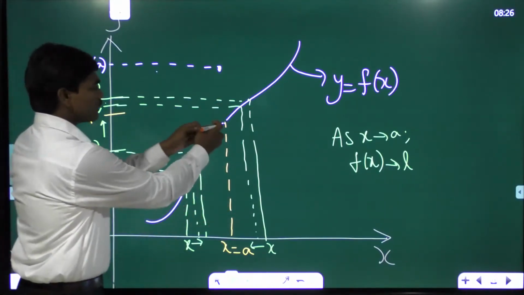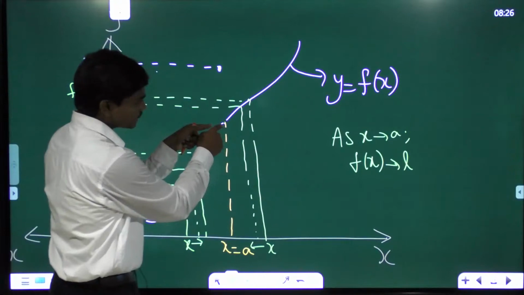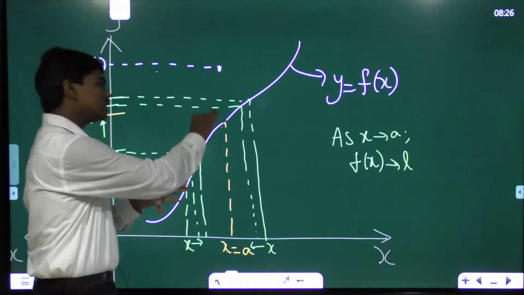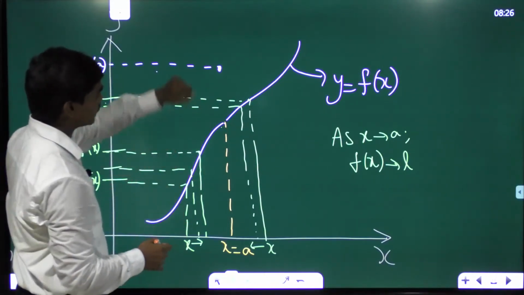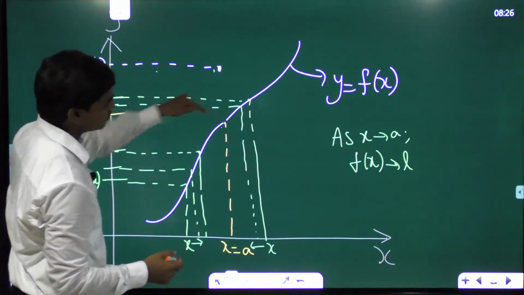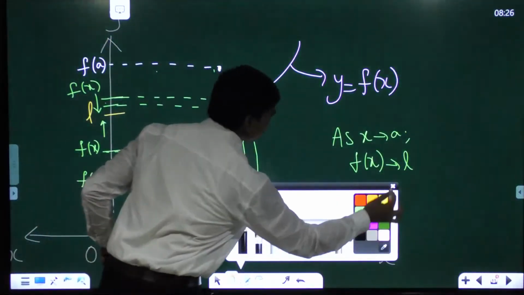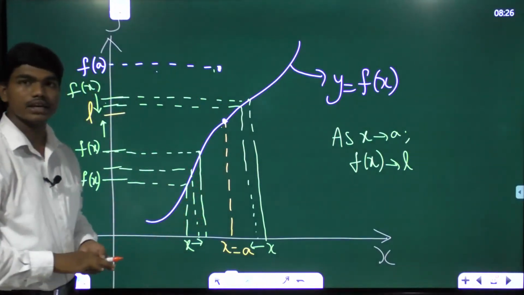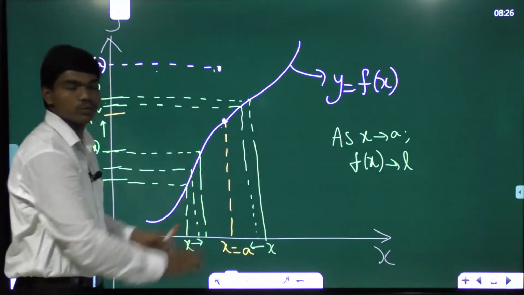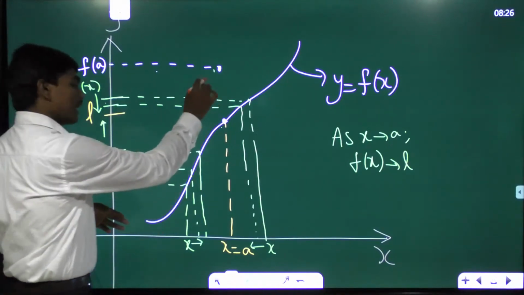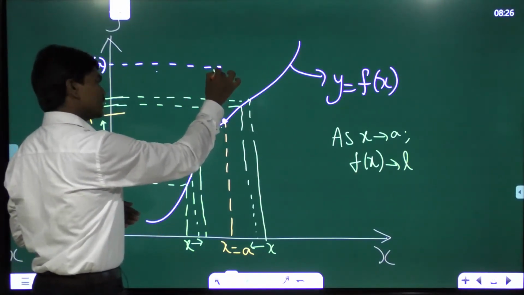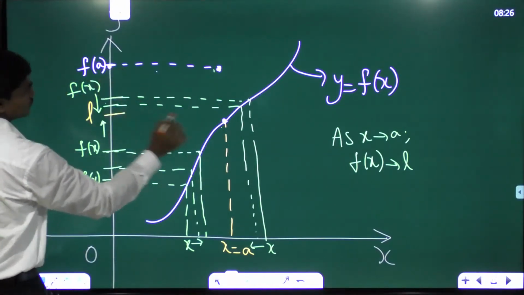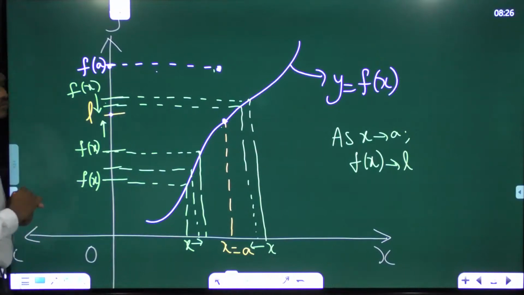But now, for this function to be continuous, you see here clearly this function is discontinuous. There is a gap here. There is a break in the function. Correct? Now, if this function has to be continuous, let me tell you one thing. If this point comes here like this, which I'm showing now, then will the function become continuous because this point is connecting the two ends? Yes. So geometrically, if this point comes here, mathematically that indicates this f of a, which is situated here, is coming somewhere here.